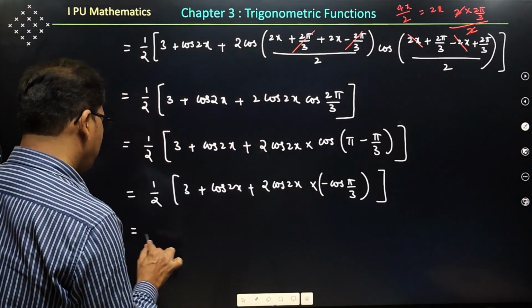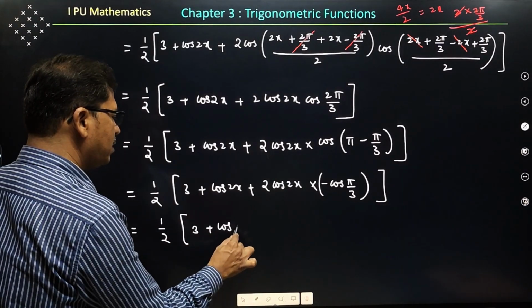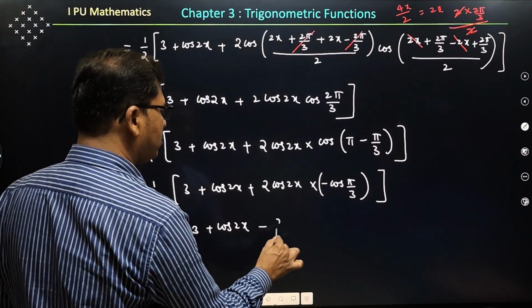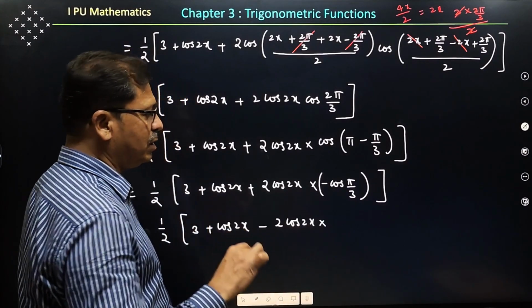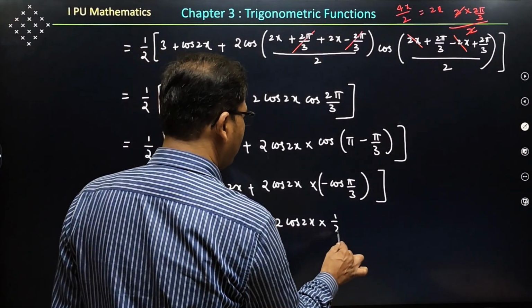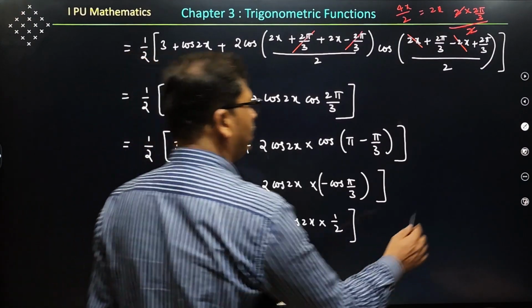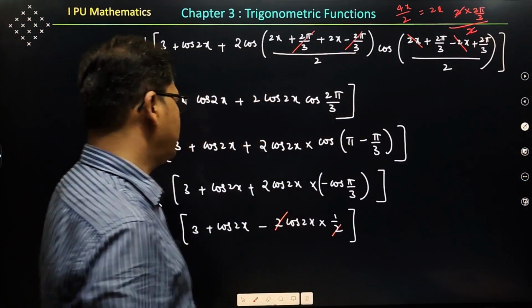This is equal to 1 by 2 into 3 plus cos 2x, and then this is plus into minus, it is becoming minus 2 cos 2x into cos pi by 3. Cos pi by 3 means cos 60 degree, and cos 60 degree value is 1 by 2. So what happens? This 2 cancels, 2 and 2 cancel.